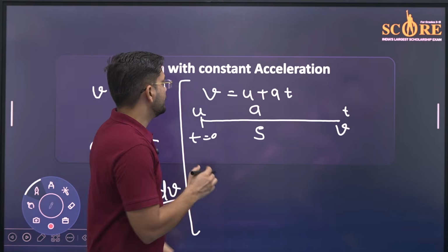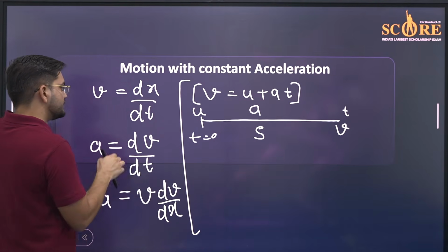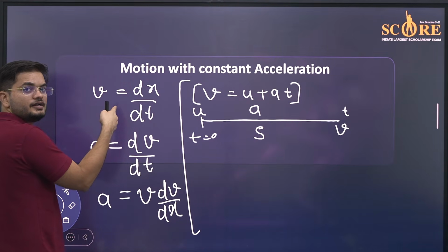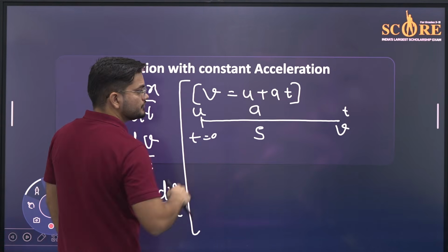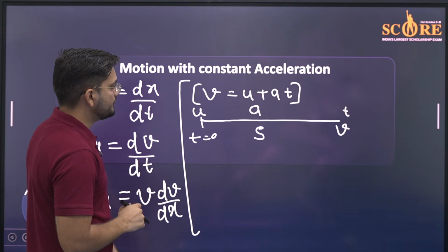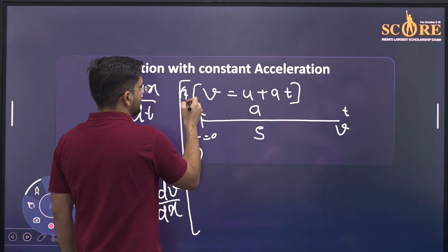How is v equal to u plus at derived? By using the equation dx is equal to v dt, you can integrate and achieve v equal to u plus at. Clear?